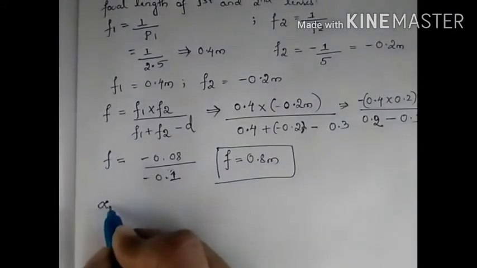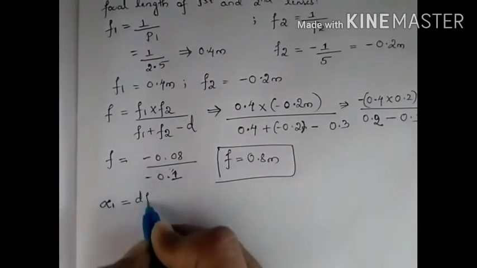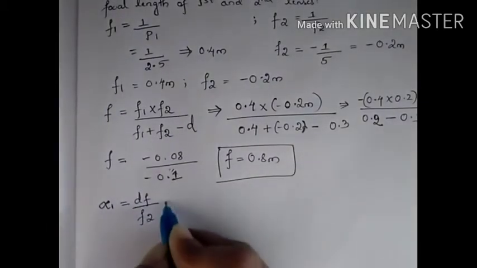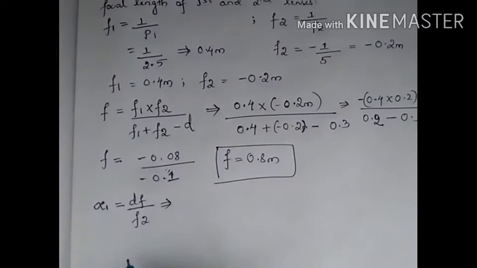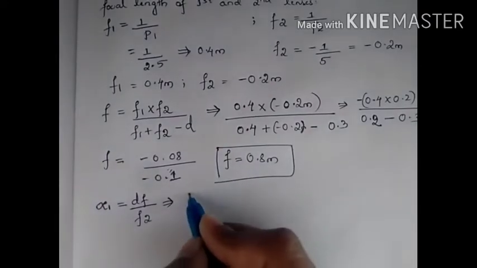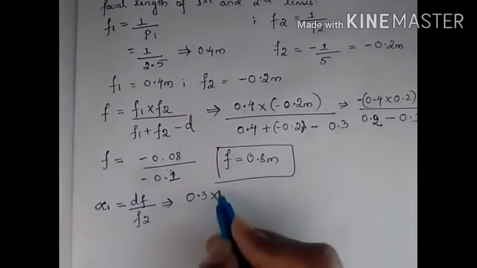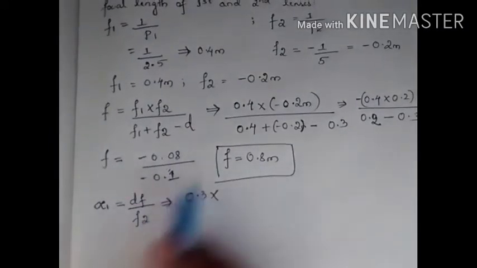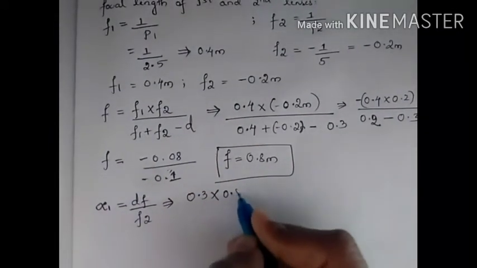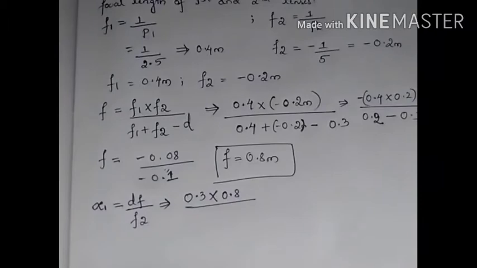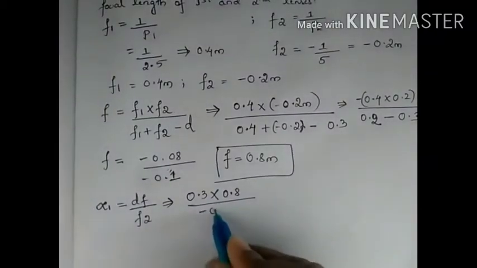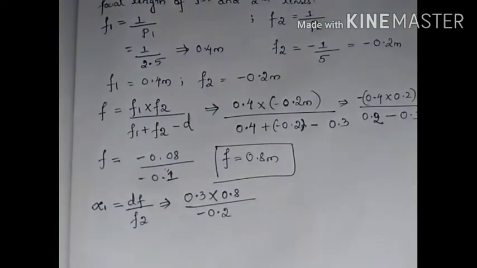That is alpha 1 is equal to dF by f2. We know the value of D: D is 0.3 and F we got here is 0.8, divided by the focal length of the second lens, that is -0.2 meters.